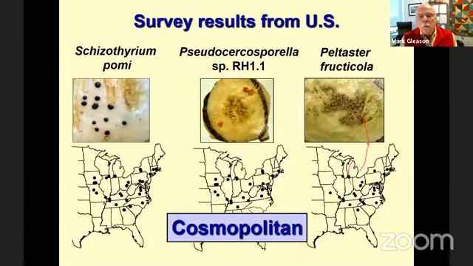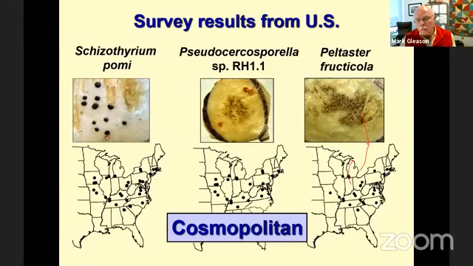And what we found was that certain sooty blotch and fly speck species, and you can see 3 of them listed here, had a distribution in space that we characterized as cosmopolitan, meaning that basically almost anywhere we looked, almost any apple orchard we looked, we were able to find these fungi. Schizothyrium pomi, Pseudocercosporella, Peltaster fructicola, basically were distributed everywhere, and often these same species reoccurred in many locations around the world.